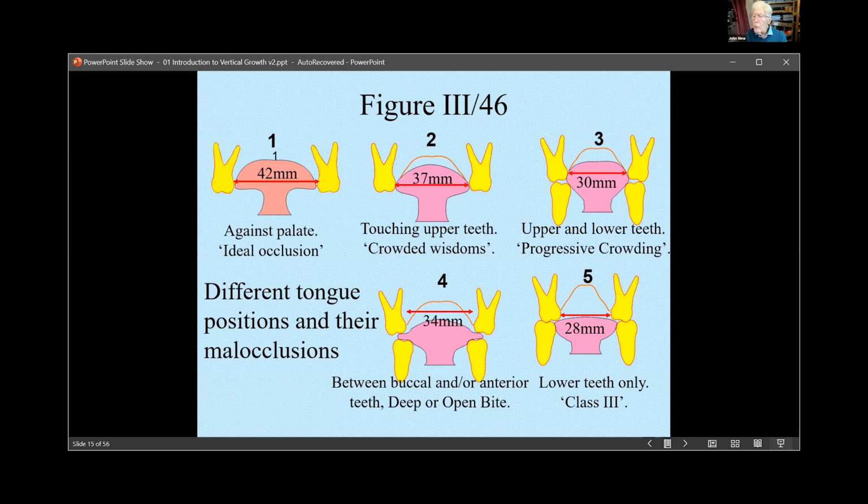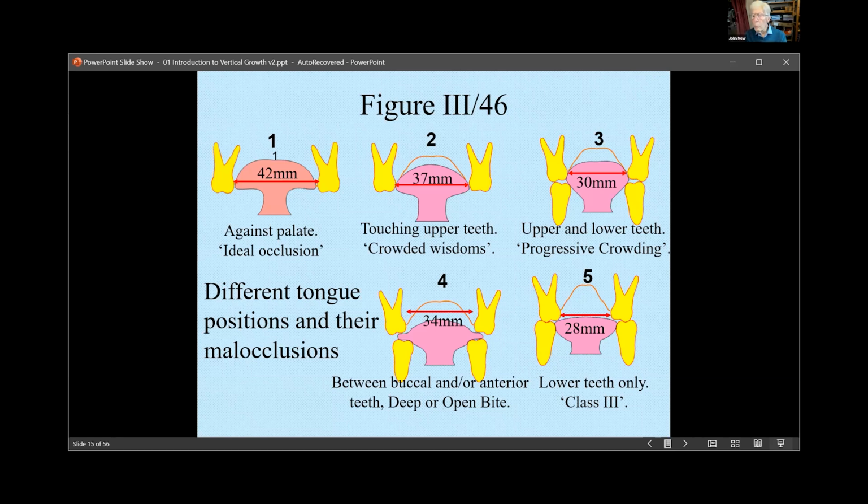What amazes me is that is so obvious, and yet the majority of orthodontists are not taught about this at all. The reason for all deep bites is simply that the tongue interferes with the buccal teeth. And in the same way, anterior open bites are due to the tongue interfering with the anterior teeth.